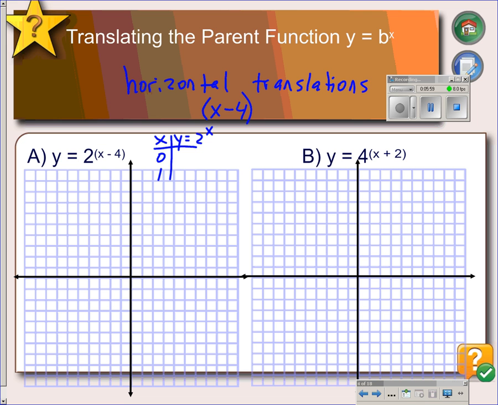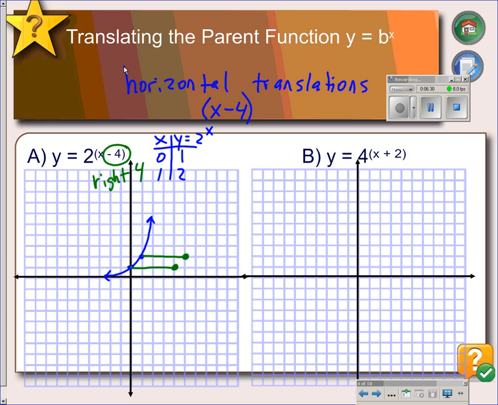So 2 to the 0 is 1, 2 to the first is 2. So I have these points at 0, 1 and 1, 2, and I know it's an exponential growth, so it's going to look something like this. The translated function is going to move each point right 4. So I'm going to take this point and go over right 4, right there. Take this point, go right 4, right there.